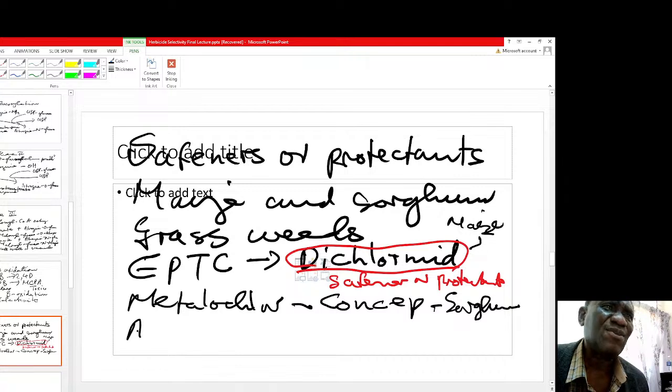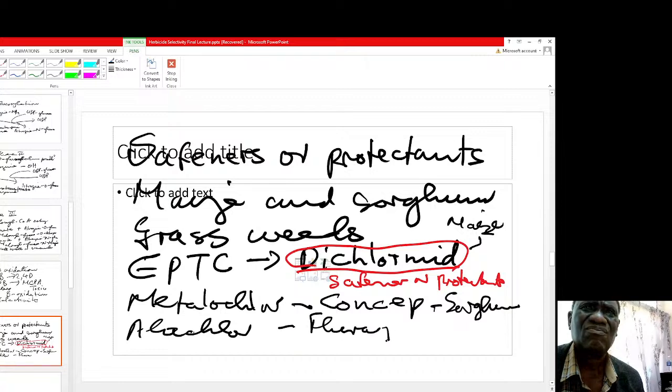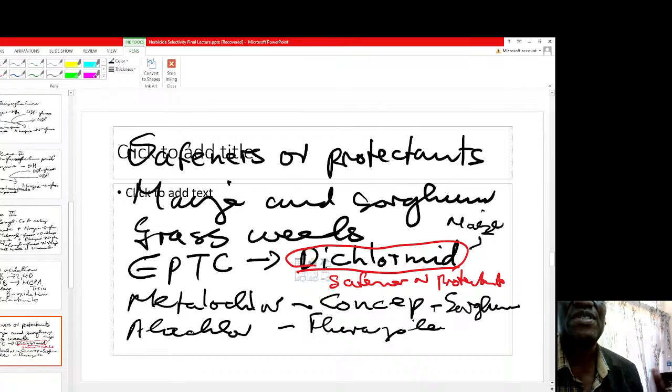Then we have got alachlor, or Lasso. Alachlor has got a safener called flurazole. But what is important is not to know really the names of safeners or protectants, but to know whether that herbicide contains a safener, and usually it's on the labels.